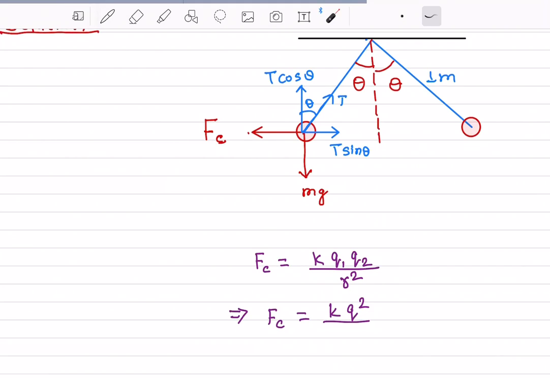What is R? In this case, R is the separation between the two charges. How are we going to find it out? Let's take a look at this triangle here. As we have the length l and this angle is theta, closer to the angle, this component will be cosine theta, and this length is given.